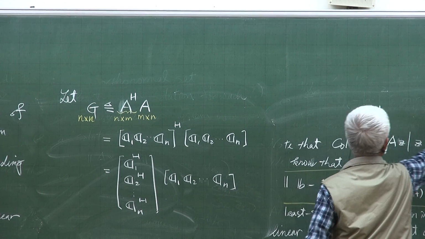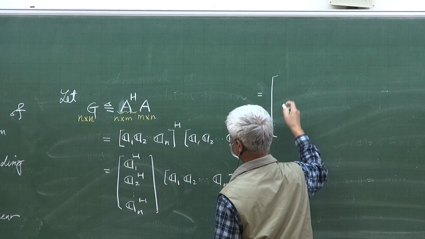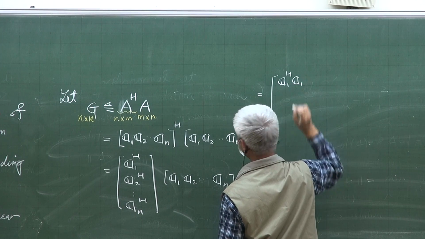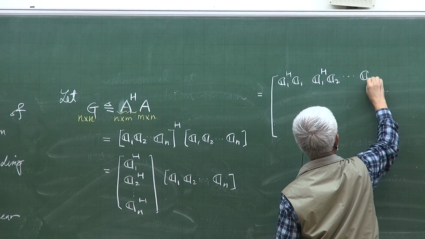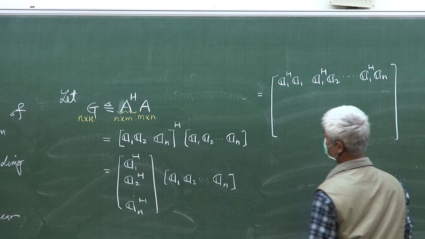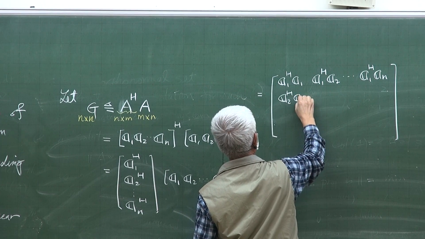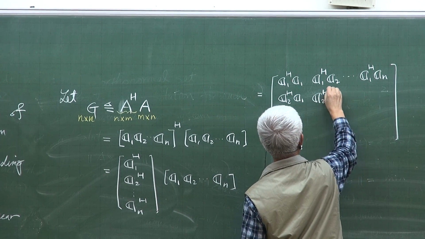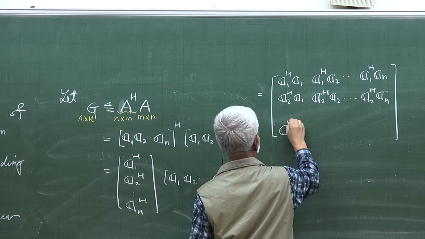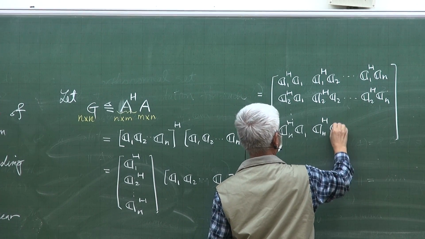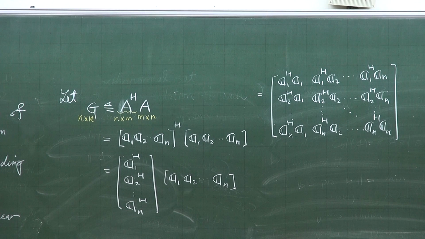So this matrix becomes A1^H A1, A1^H A2, up to A1^H An, and this is the first row of the G matrix. And then A2^H A1, A2^H A2, and so on, up to An^H A1, An^H A2, An^H An. So now it's an n by n matrix.